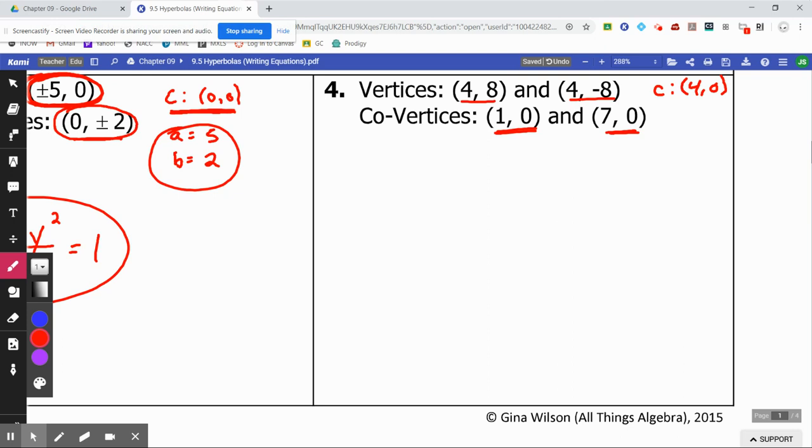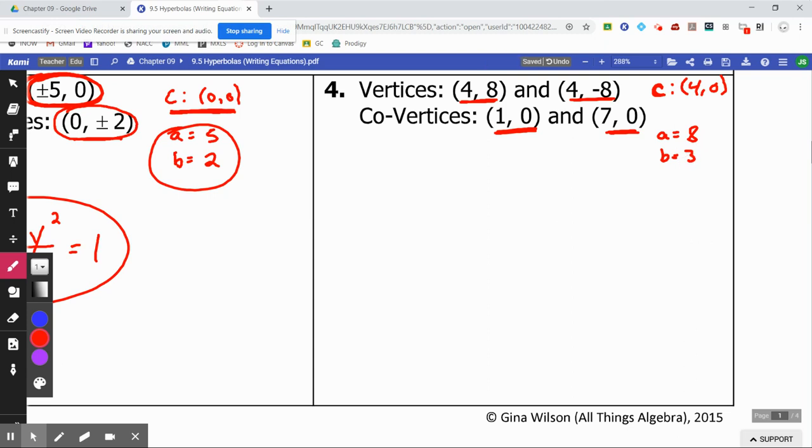I like to determine whether it's horizontal or vertical next, but we can go ahead and find our A value and our B value, which, by the way, this C stands for center. That's not our C value. Our A value is the distance from the center to a vertex, so that would be 8. Our B value is the distance from the center to a co-vertex, which is 3.